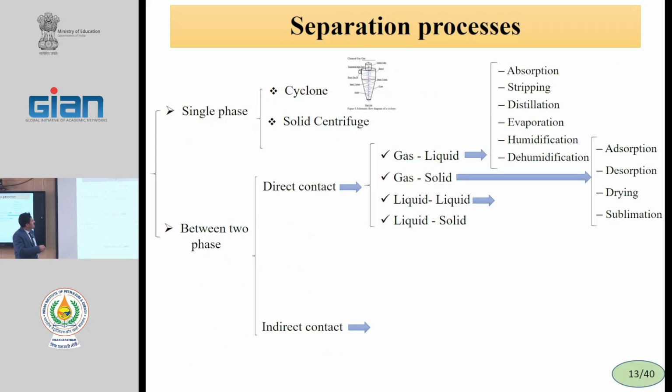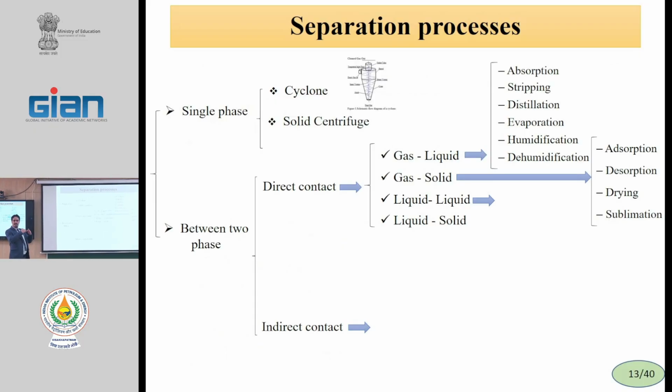Most of these processes involve direct contact. That means the liquid phase is in direct contact with the gas phase. But in the membrane, we have indirect contact. That means we have a barrier and no contact between the two phases, but we have mass transfer between the two phases.